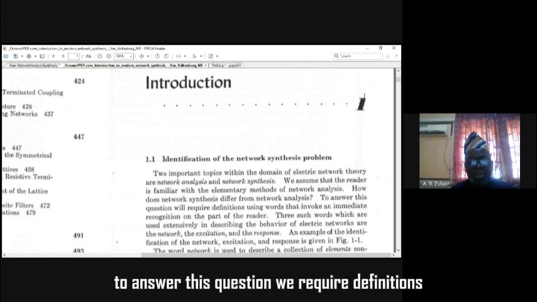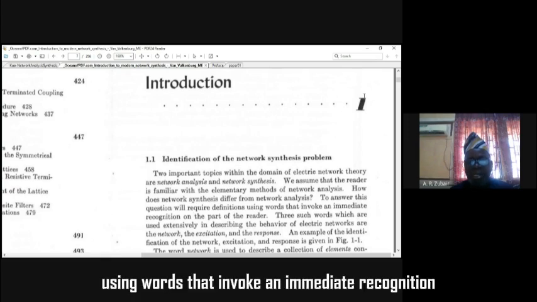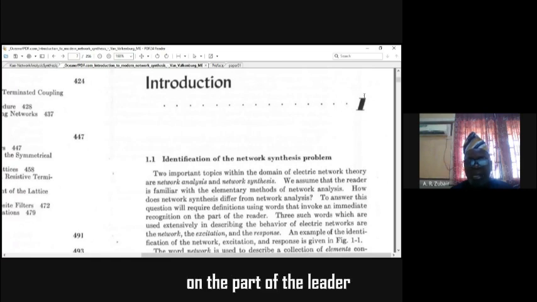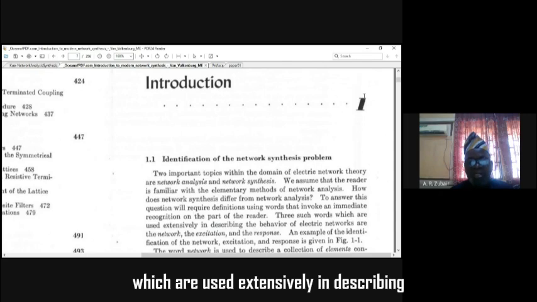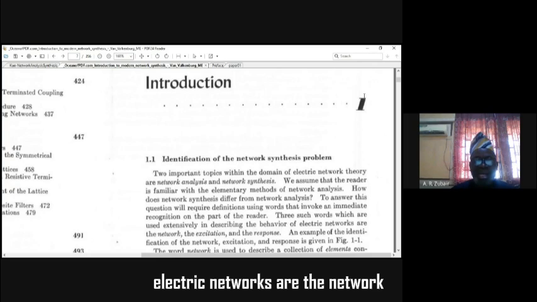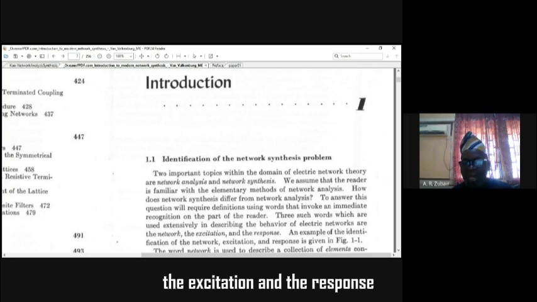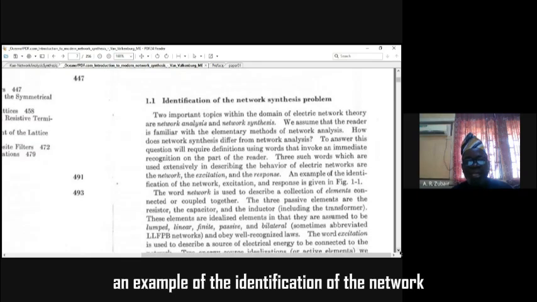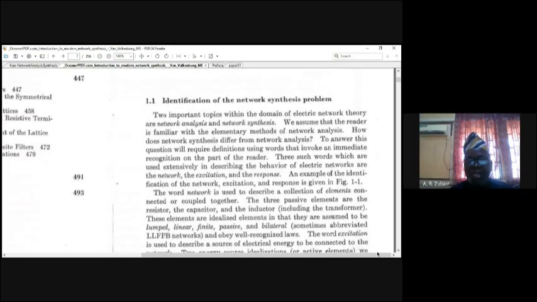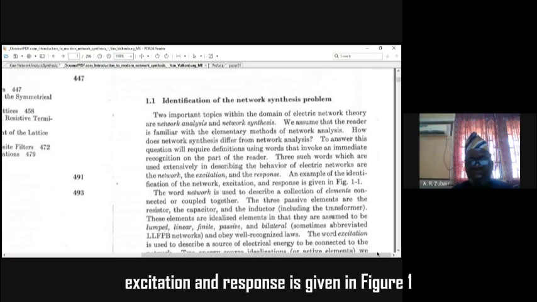To answer this question, we require definitions using words that invoke an immediate recognition on the part of the reader. Three such words, which are used extensively in describing the behavior of electric networks, are the network, the excitation, and the response. An example of the identification of the network, excitation, and response is given in Figure 1.